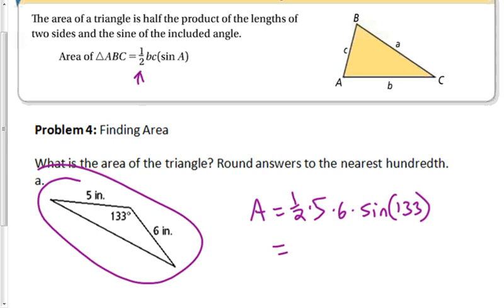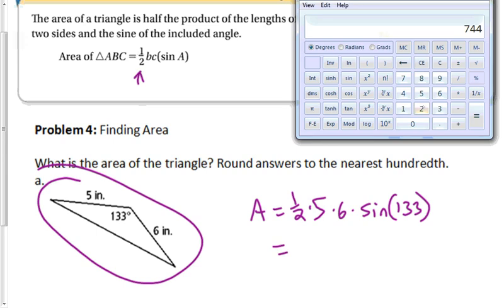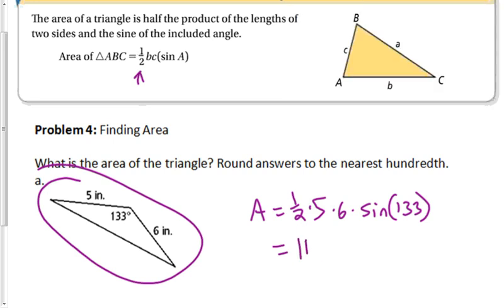So 1/2 times 5 times 6 is 15, times the sine of 133. You get 10.97, so about 11 inches squared.